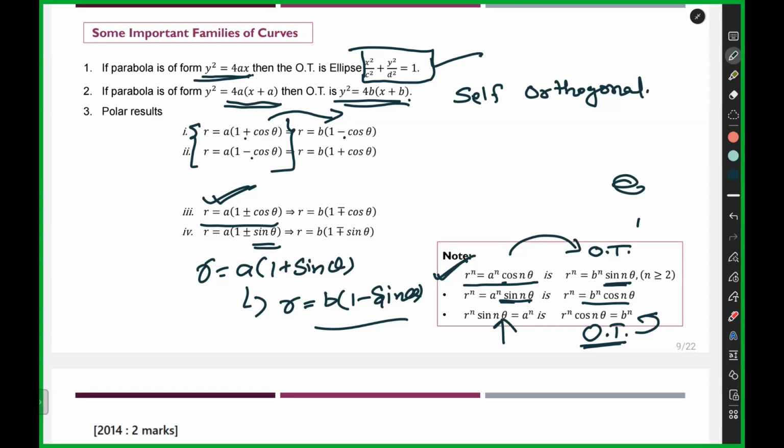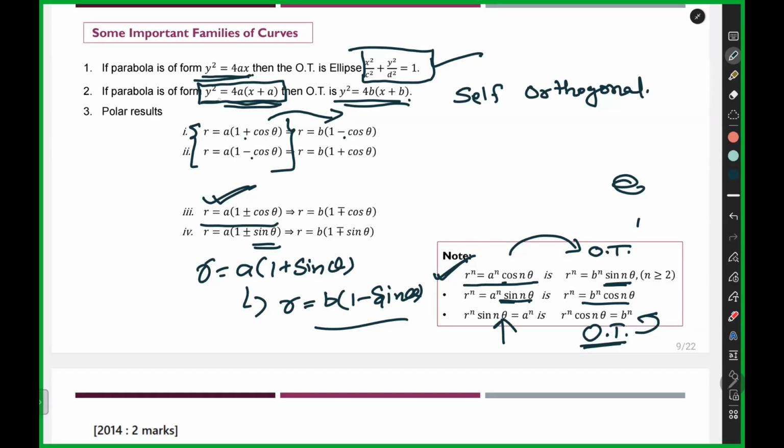Self orthogonal trajectory is like it is orthogonal to itself actually. So how do we understand by equation that it is self-orthogonal? You are solving this, the given family of curves, right?